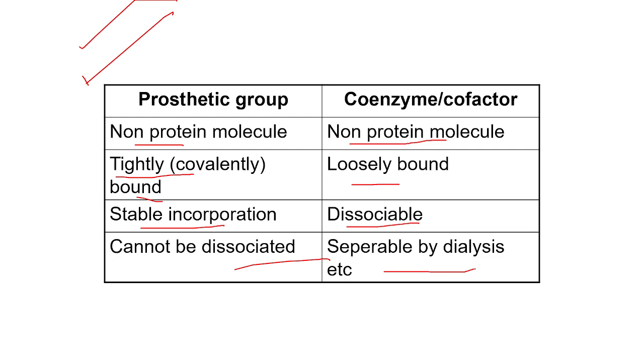So there is an osmosis process going across. The cofactors, being very small molecules, do not stay inside the dialysis bag, hence can be separated by dialysis. But the prosthetic groups, even though they are non-protein molecules, are bigger in size and they cannot be dissociated.